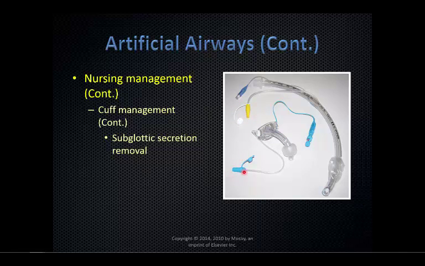This extra port connects to suction, and we can apply a low pressure suction, and there's a little hole right here above the balloon, and that allows for, if secretions pool around the upper part of the balloon, then those can be suctioned out and removed. Research has shown that by applying subglottic suction, either at a continuous or intermittent level, we can reduce the likelihood of ventilator-associated pneumonia by about 50%.